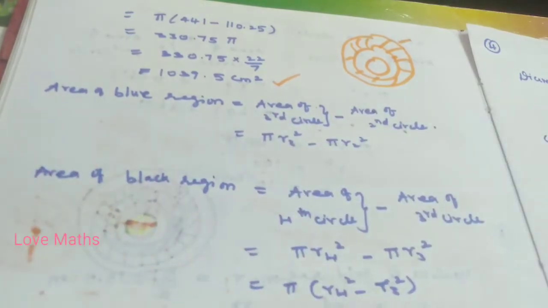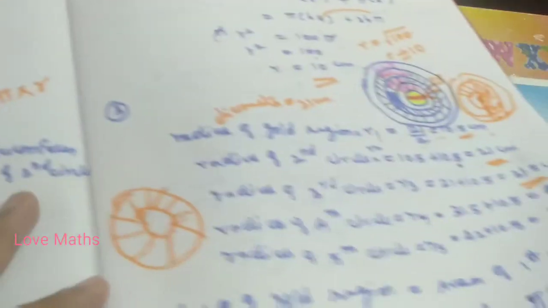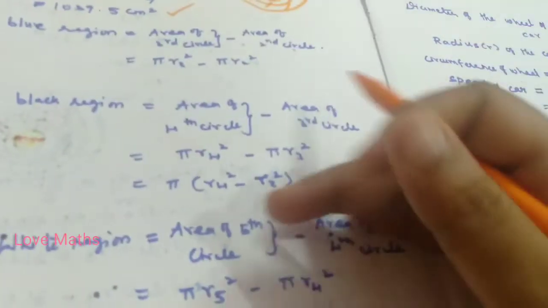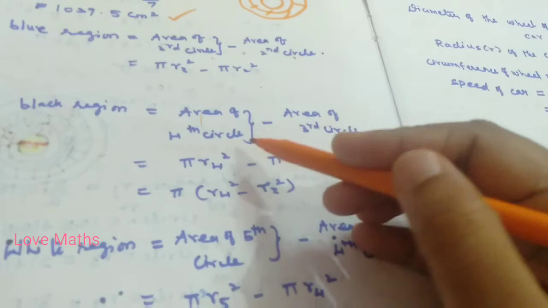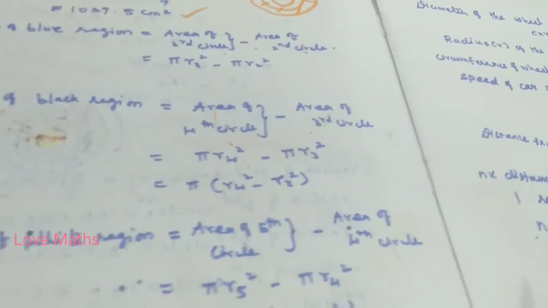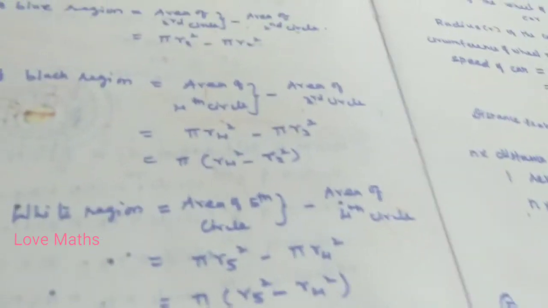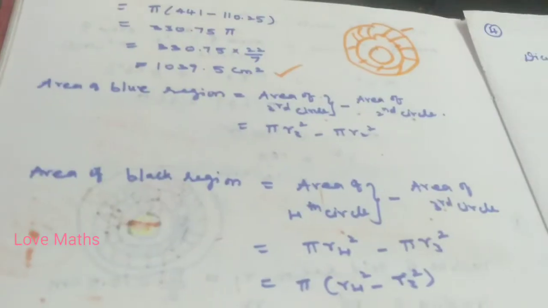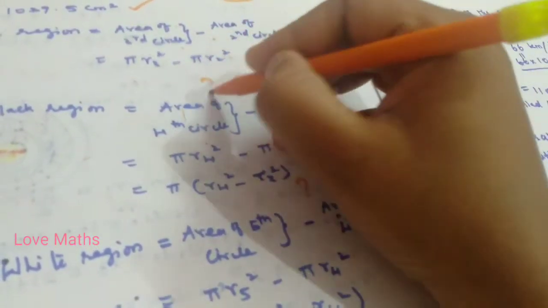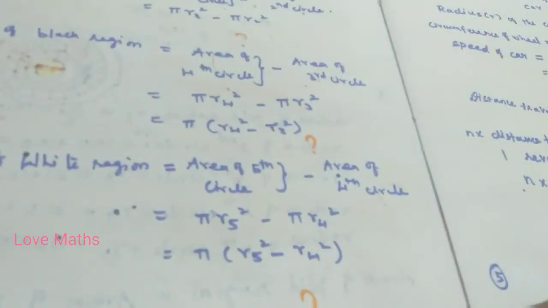R3, the third circle radius, is 31.5, so 31.5 minus 21. Here also, fourth circle minus third circle. Like that you substitute and find the remaining answers. It is practice for you, then only you can understand easily. Still remaining steps are there, and you can find out the answer.